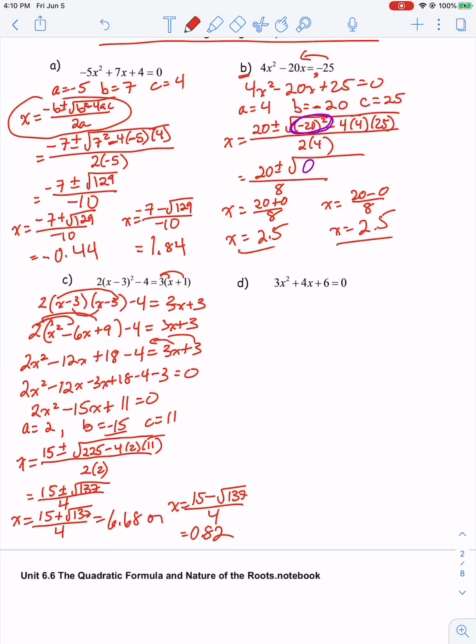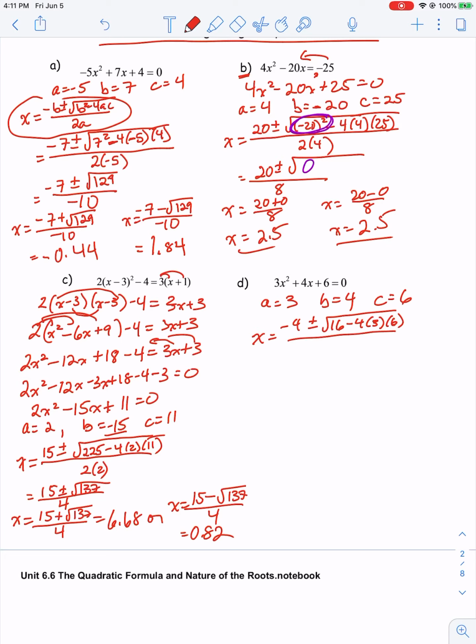Now for the last one, A equals 3, B equals 4, C equals 6. So x equals opposite b. So negative 4 plus or minus the square root of b squared. 4 squared is 16. Minus 4 times 3 times 6.